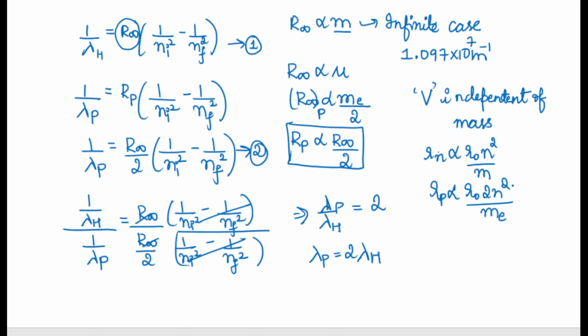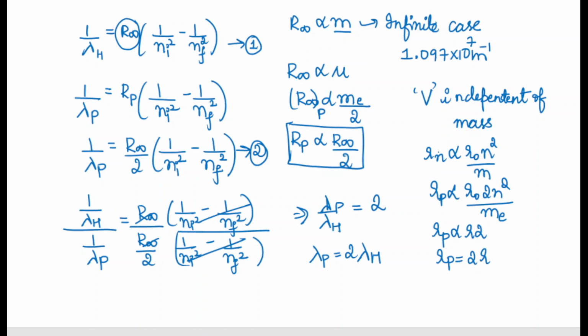So R naught n square divided by Me, how can I write? Can I write Rn, that is the radius of the hydrogen atom, or simply r for the hydrogen atom? After removing the proportionality and writing equal to with some constant, Rp is equal to 2 times the radius of the hydrogen atom. Yes, I hope everyone is clear with this question.